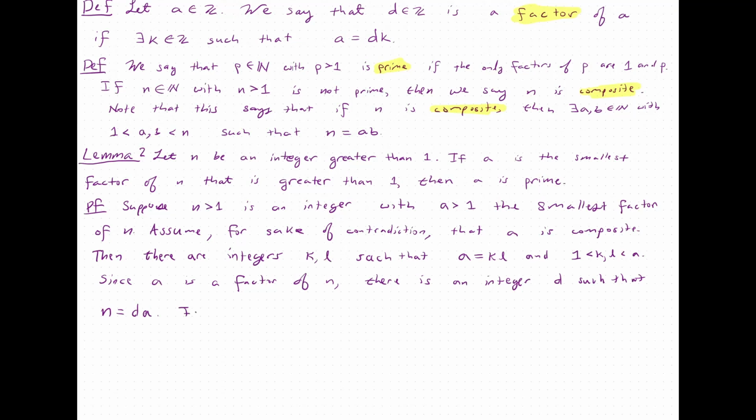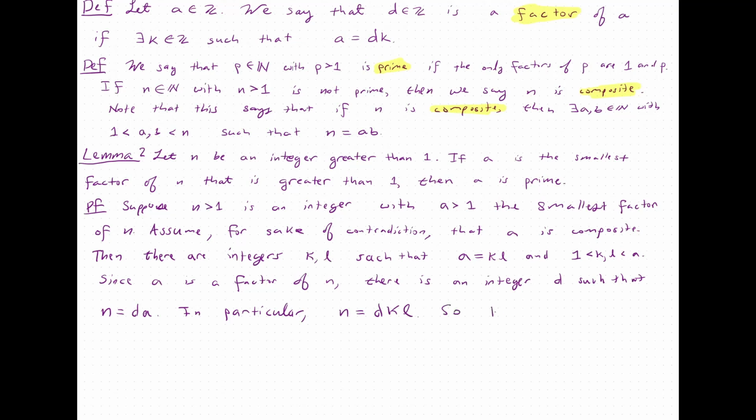So in particular, n is equal to d times a, but we have already established that a is equal to k times l. And so now we have n is equal to d times k times l.